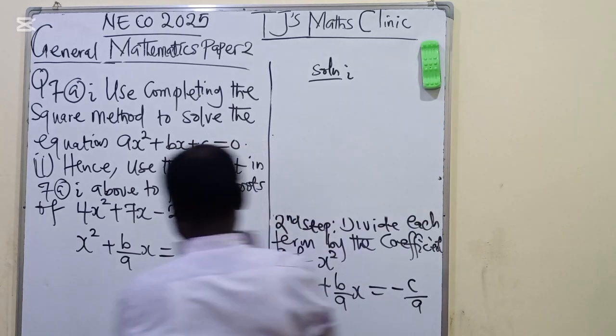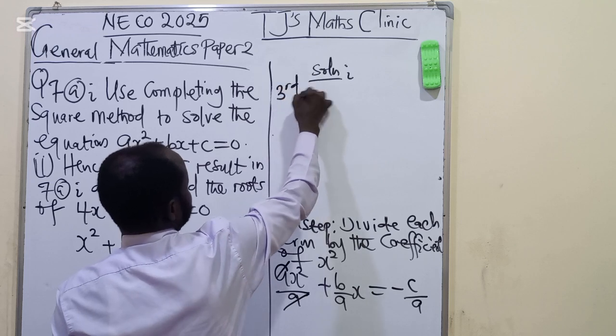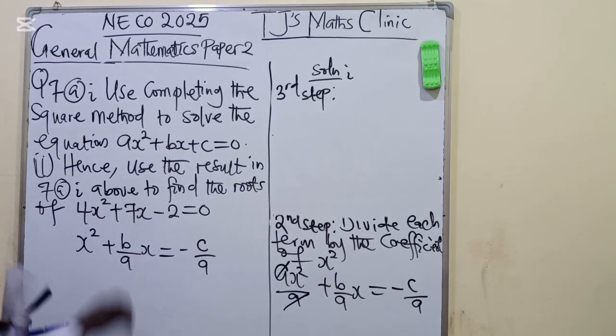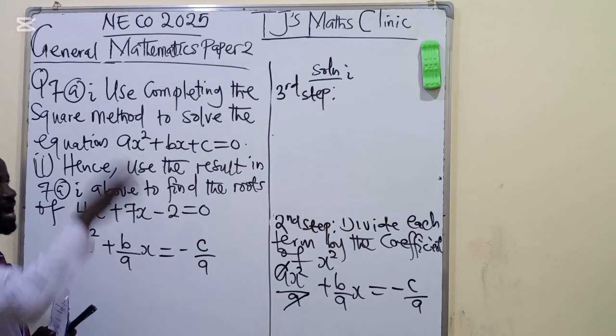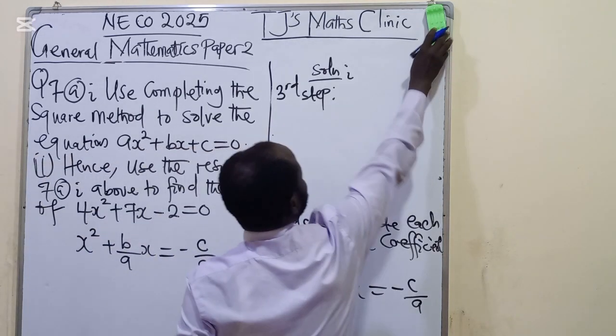Step 3, the third step, is for us to add half the square of the coefficient of x to both sides.